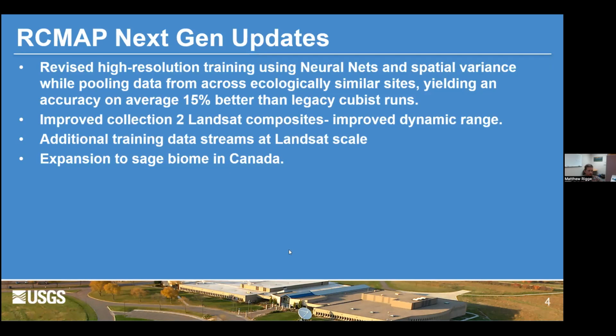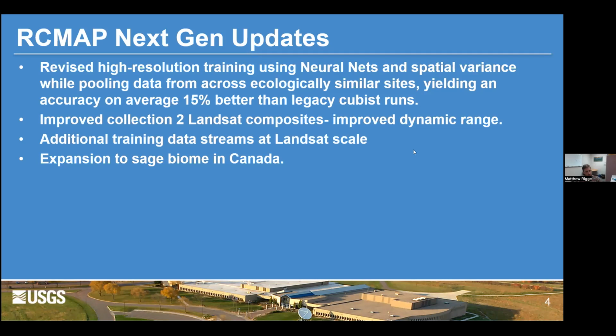Okay, so here's a list of some of the updates from when we last spoke. We've reworked all of our high resolution training data, which is the overwhelming majority of where our model gets its information, using improved machine learning methodology. We generated new Landsat composites, focusing on capturing the dynamic range of variation within a year.